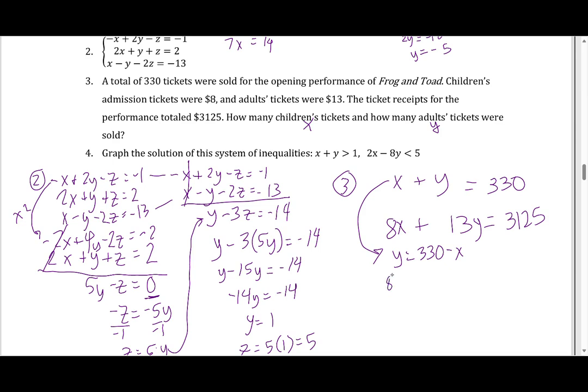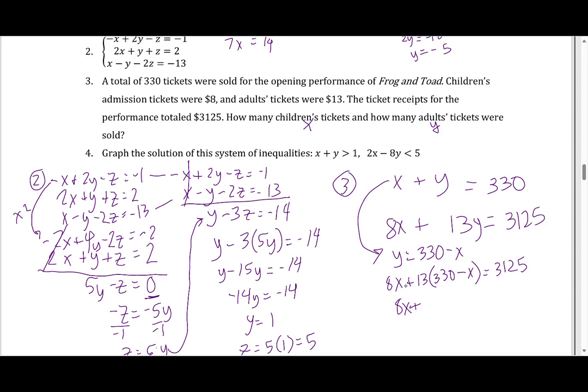So I have 8x plus 13 times, now I'm substituting in that y, equals my 3,125. Let's go ahead and simplify this. When you grab a calculator, you can. I have my little cheat sheet.